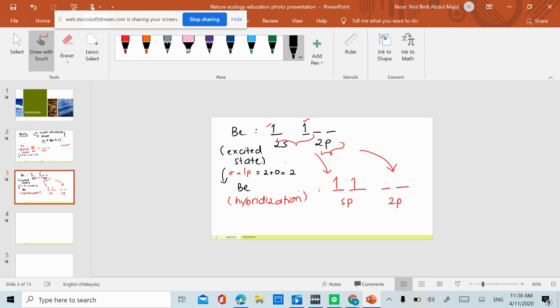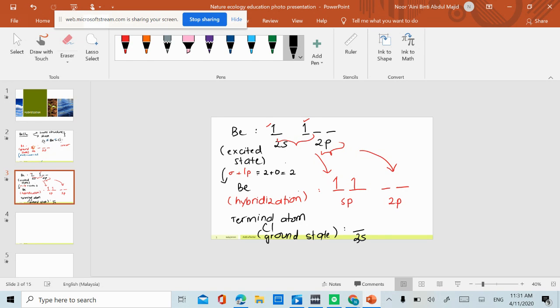And then the terminal atom. The terminal atom is chlorine. This year we only focus on the hybridization of central atoms, so the terminal atoms will all use their pure orbitals.